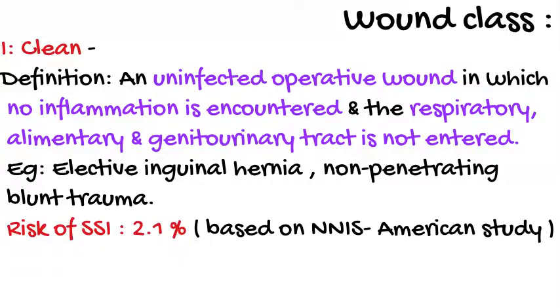The risk of surgical site infection is around 2.1% in clean wound. It is based on the NNIS American study. NNIS stands for the National Nosocomial Infection Surveillance System Risk Score.